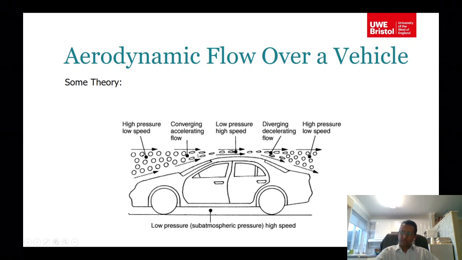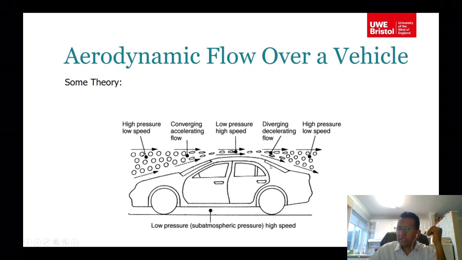Here you see some acceleration, and around here you have the highest velocity. Because of how Bernoulli's equation works, you have the highest velocity here, but the total energy has to be conserved. Therefore, your pressure here at the top lowers. So you have the highest velocities over the roof, and the lowest pressure around there.